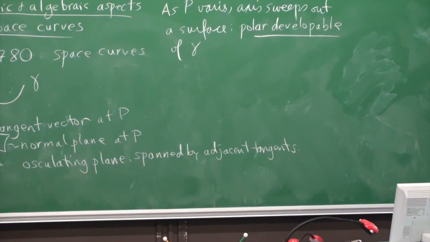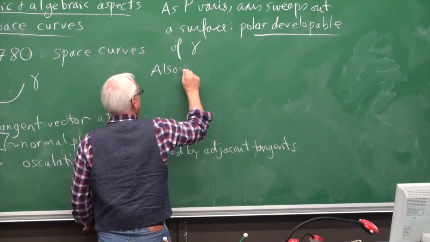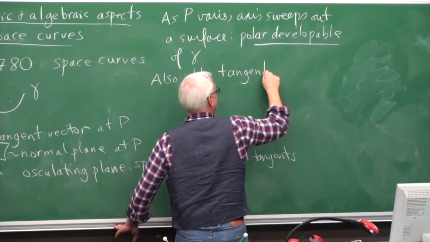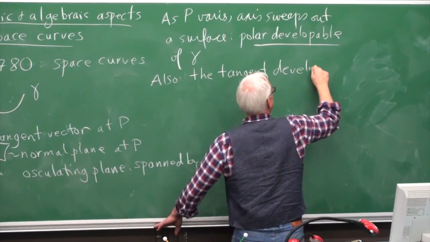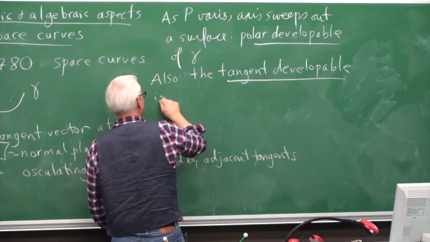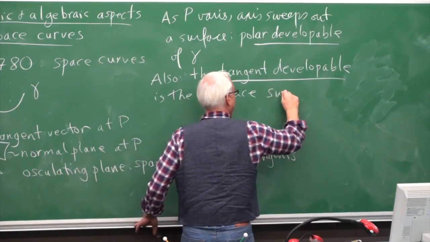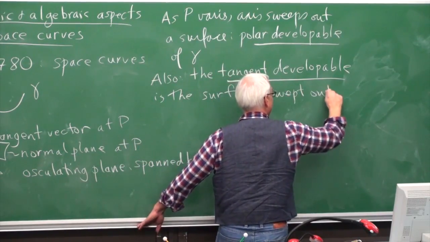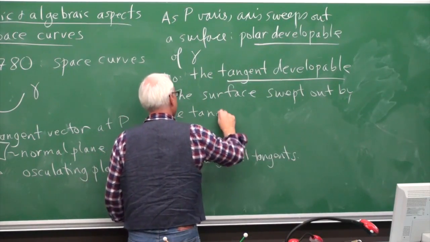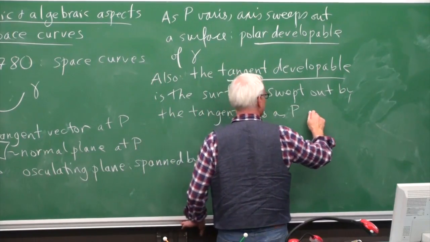In fact, there are other surfaces associated to the curve. There's also the tangent developable, which is the surface swept out by the tangent lines as P moves.